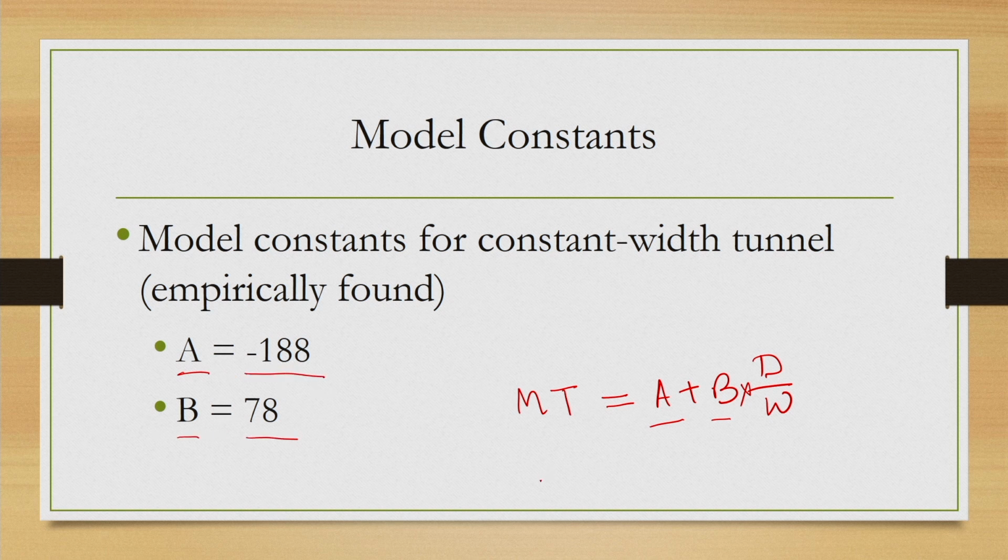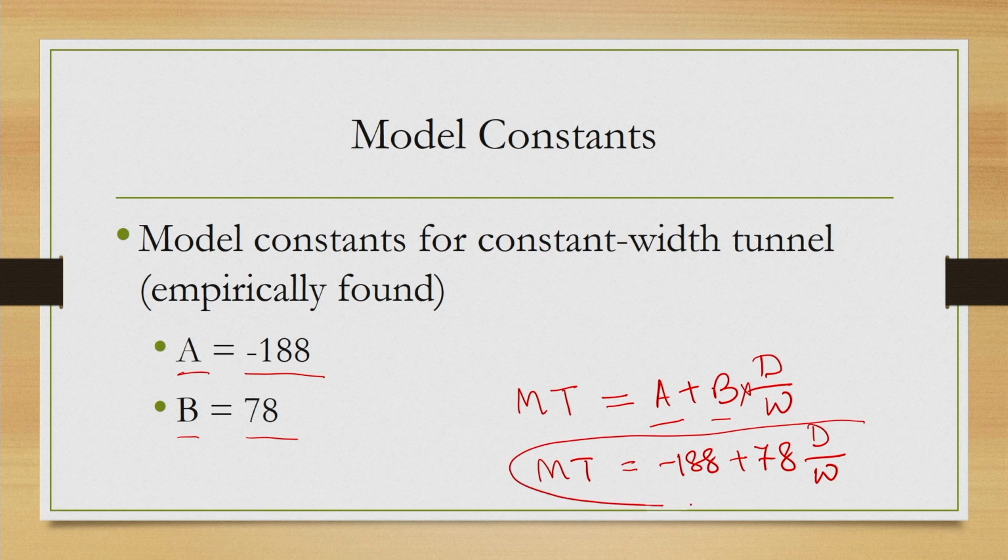So, we can simply replace these values and get a movement time model for constrained navigation along a tunnel path having constant width as something like this. So, this is our final model for tunnel paths having constant width.